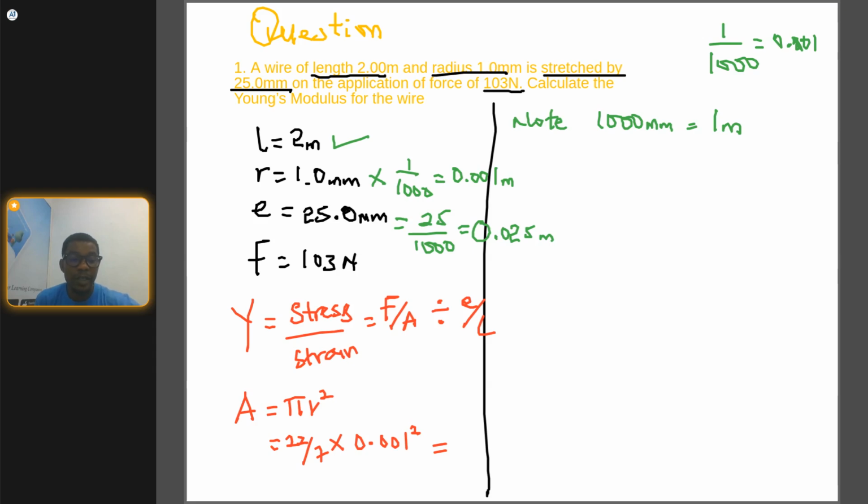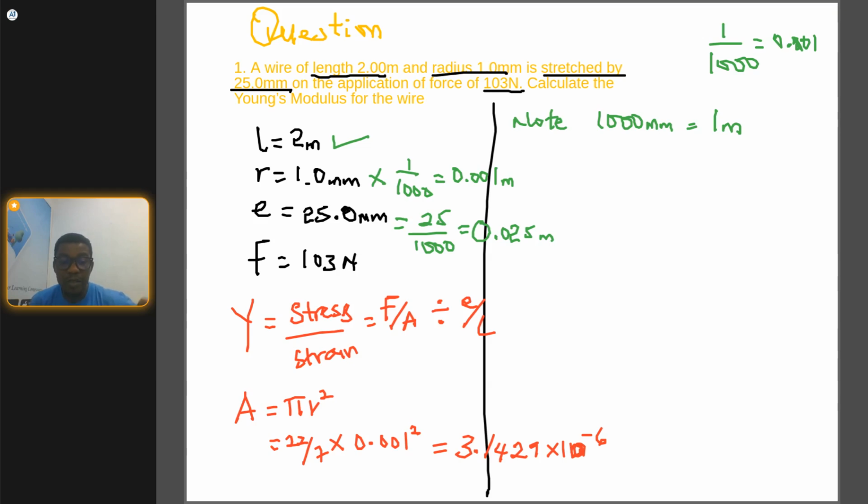We are going to have the response in standard form now, 3.1429 times 10 raised to power minus 6.